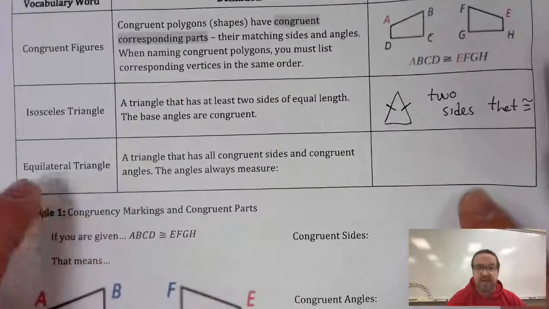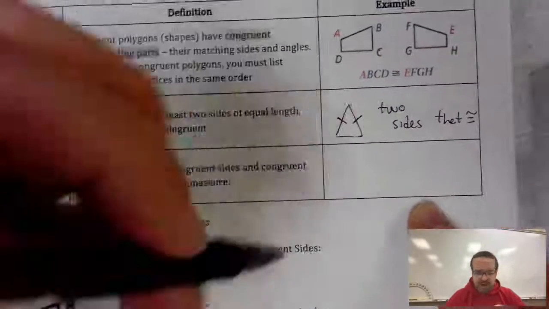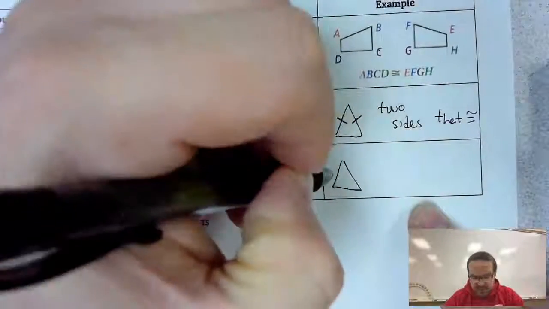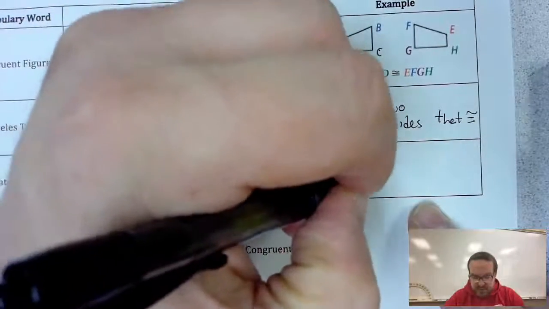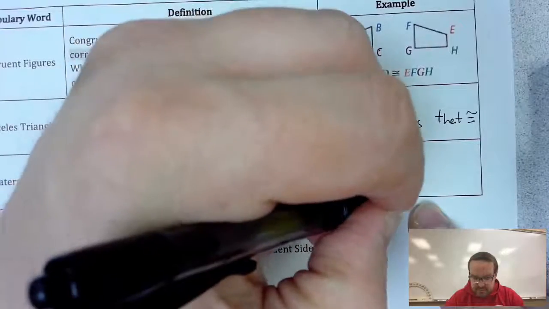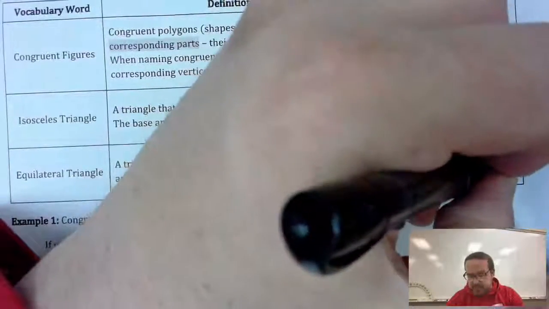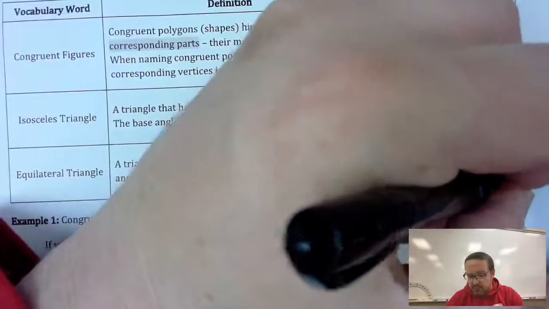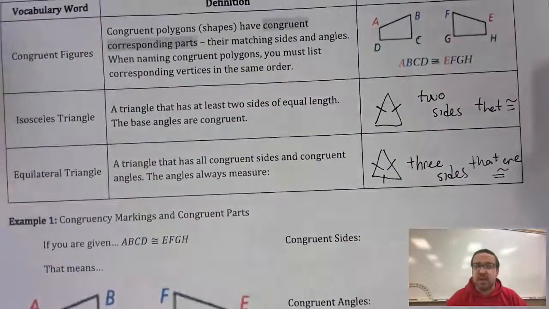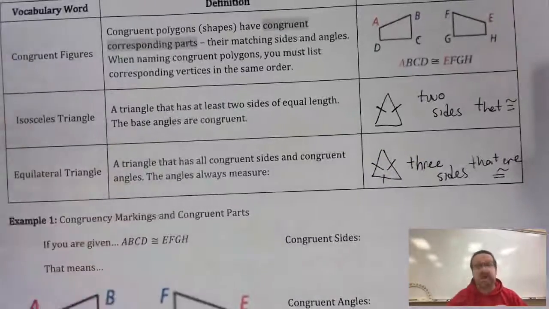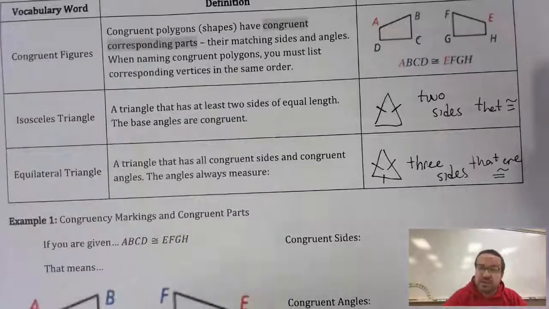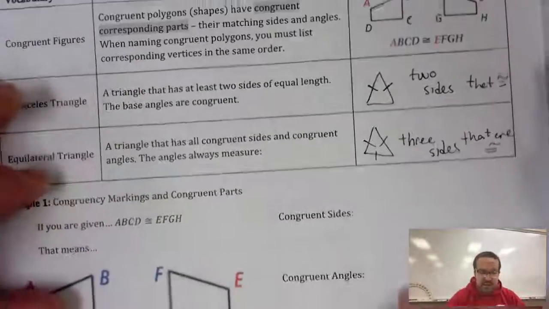Same idea for equilateral, except for it doesn't just have two sides, but it actually has three sides. So if you see these words, isosceles or equilateral, you have to instinctively think, make sure that you know that two sides for an isosceles and three sides for an equilateral are congruent.